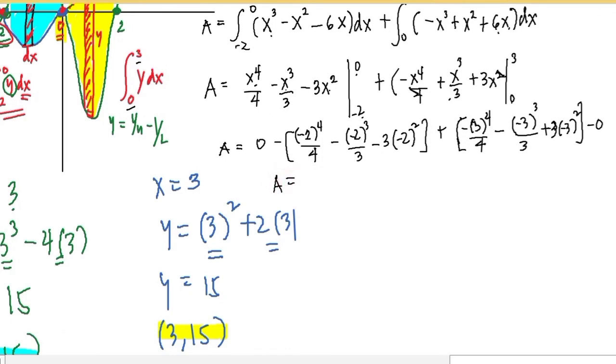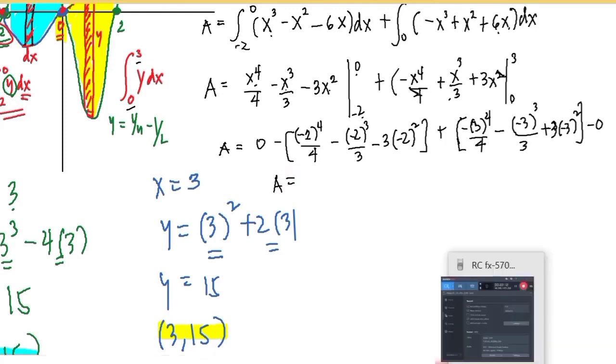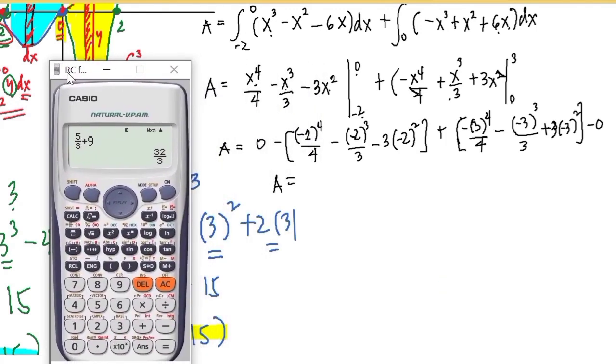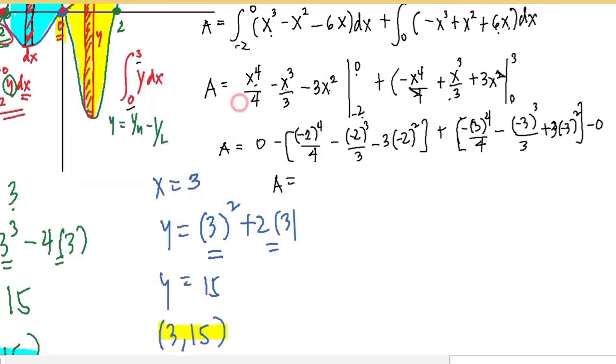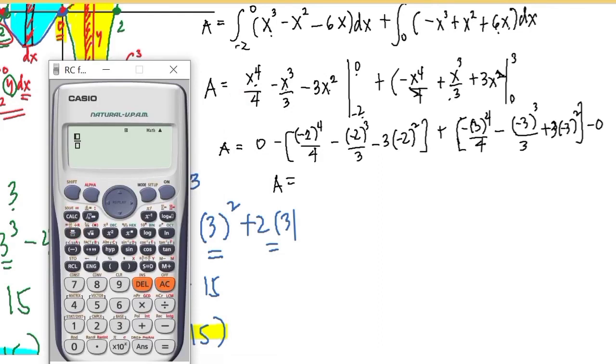And later on, we can add them if we want to get the total area. So, if we evaluate our equation, for the first one it is x raised to 4 over 4 minus x raised to 3 over 3 minus 3x squared.